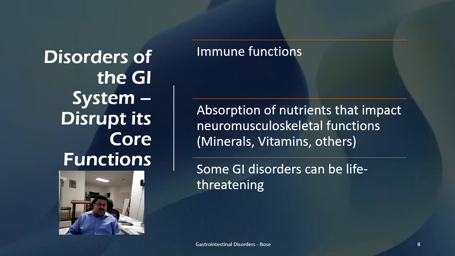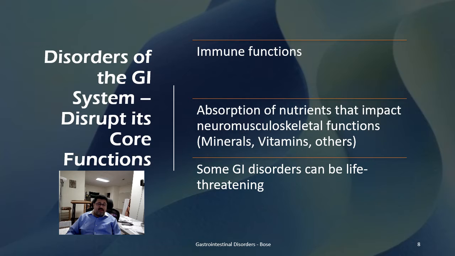So, a gastrointestinal disorder disrupts its primary or core function. What are the core functions of the gastrointestinal system is perhaps what's on the table to understand. The gastrointestinal system is primarily involved in the supply of nutrients.